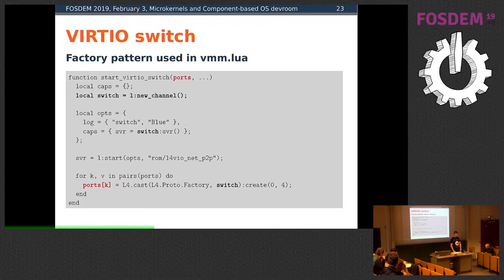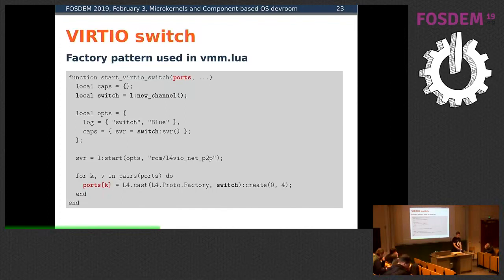This time, it will be when we create the VirtIO switch. The vmm.lua wrapper provides us with a function called start_virtio_switch. We just need to pass it a table which says what our switch ports are called. And then we create a new IPC channel, call it switch, and pass it in its server form to the VirtIO switch process, and it will be known as the svr capability in it.